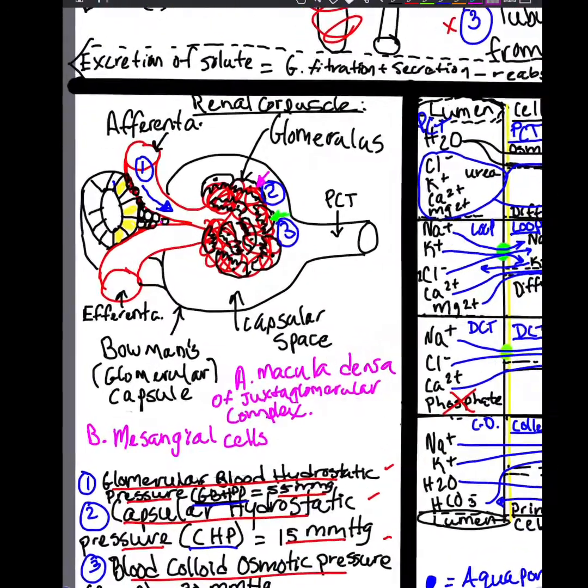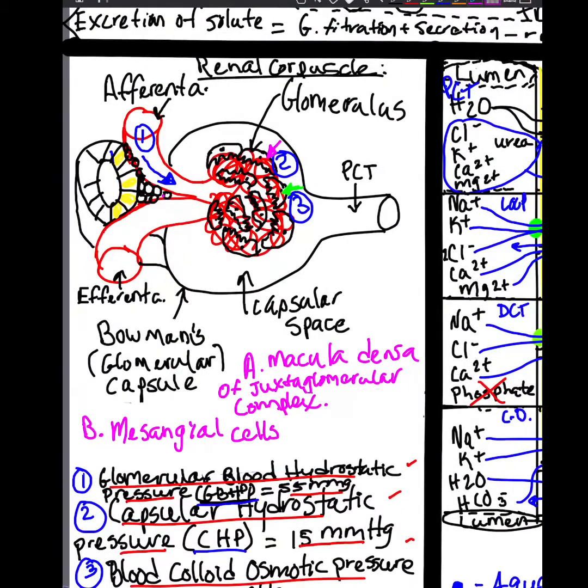Anatomically speaking, the renal corpuscle is also close to the juxtaglomerular apparatus. In this case, the ascending loop, which is this area right here, contacts the afferent arteriole, which is this one right here, and it contains smooth muscle cells, also known as the juxtaglomerular cells.